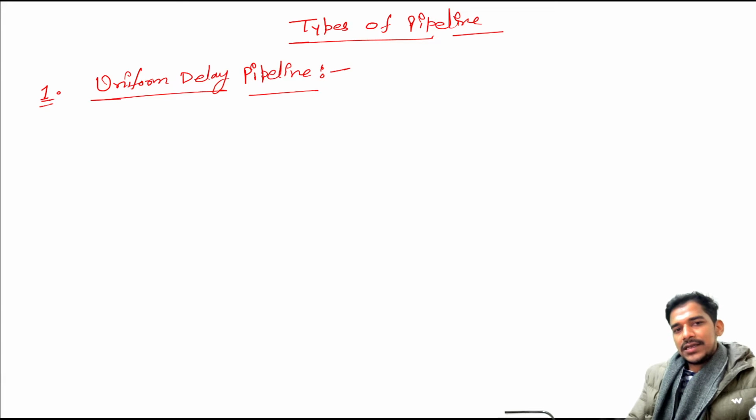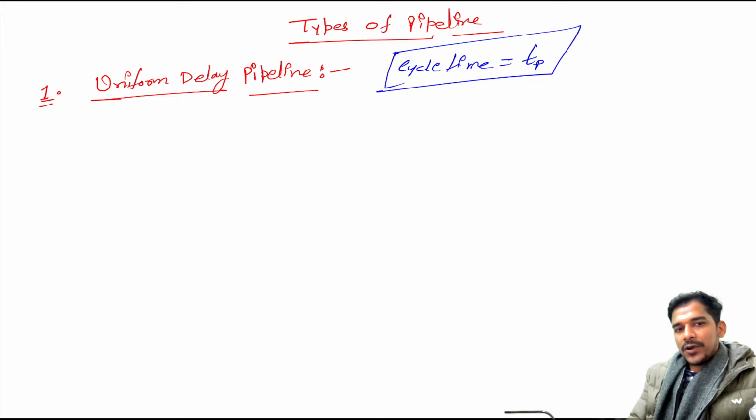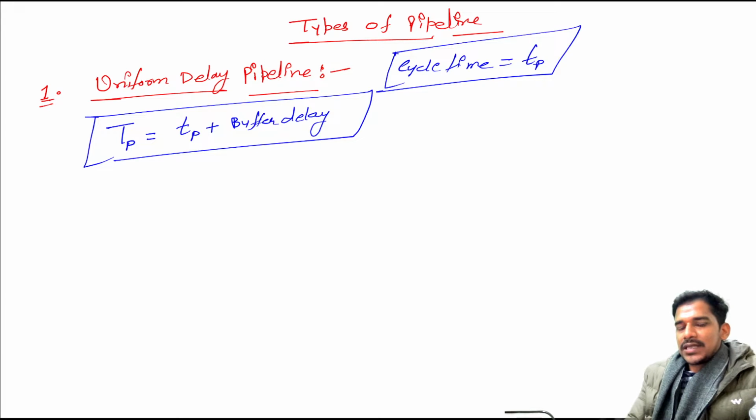Let us say the cycle time of the processor is TP. The cycle time of the pipelining processor will be the cycle time of the stage plus the buffer delay, if given in the question. Sometimes the buffer delay will also be given. So TP plus latch delay, or buffer delay.